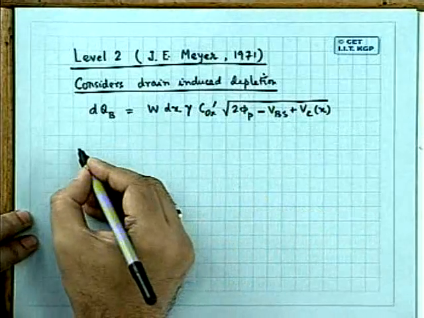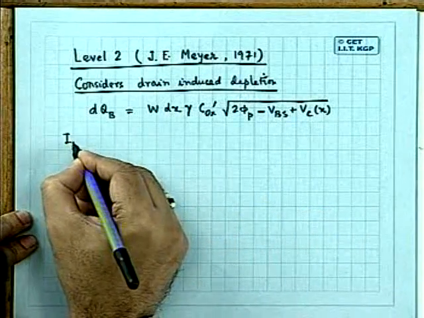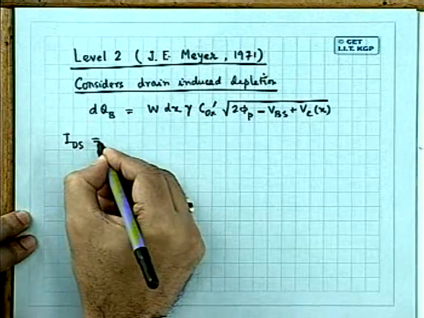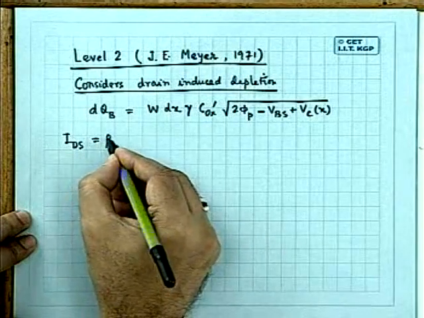Okay, considering that, you remember, I derived an equation which is far more complicated than the first model, looking like this.